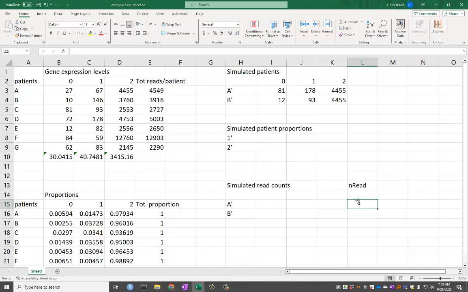Maybe it's 5003. And maybe for patient B, I chose another one, maybe this one, 4549. So these are going to be the read counts. This will be my simulated observed data that I want to use to infer my simulated patient data, which would be my ground truth.